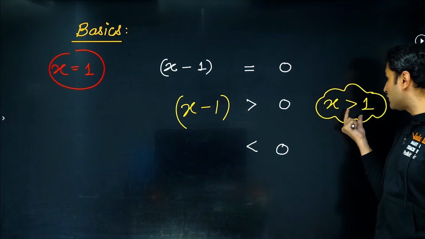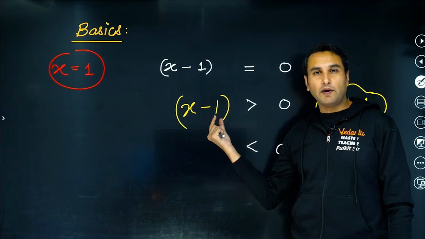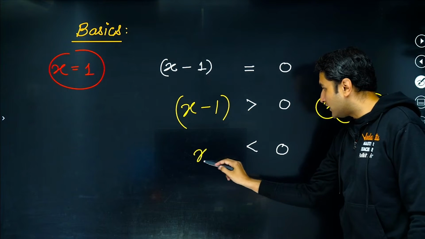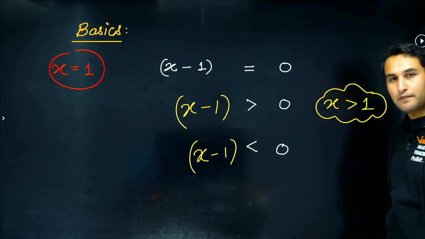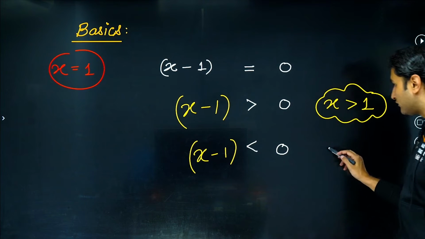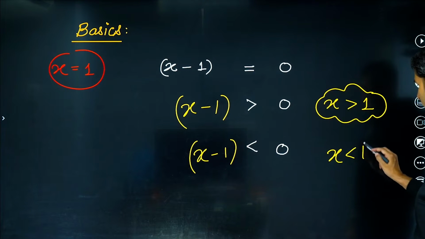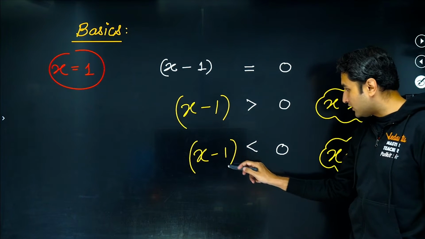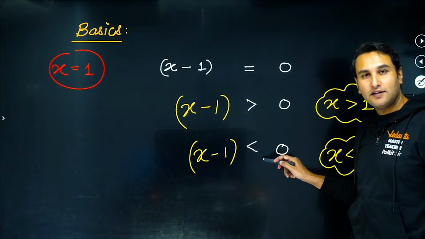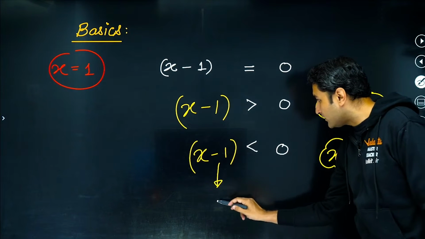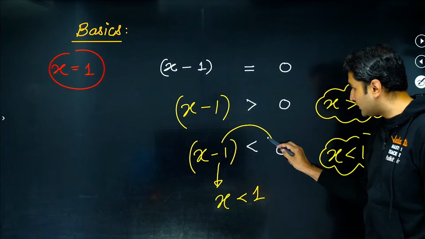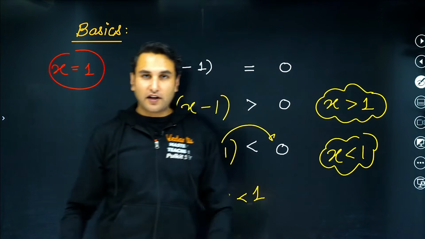For example, if you take x equal to 2, 2 minus 1 is 1, greater than 0. But what if x minus 1 is less than 0? Similarly, it will be x less than 1. What have I done? I have taken 1 on the other side, so this becomes x less than 1. So you know this. Can I generalize it for you?